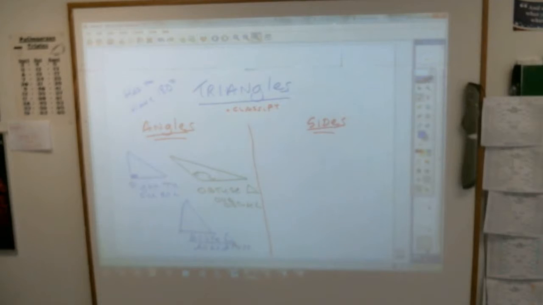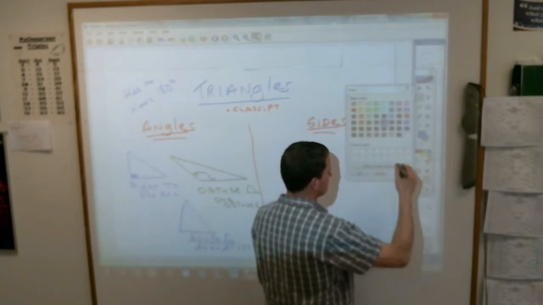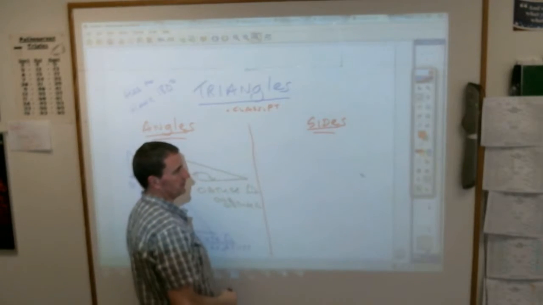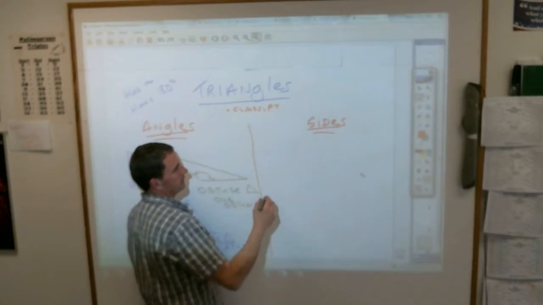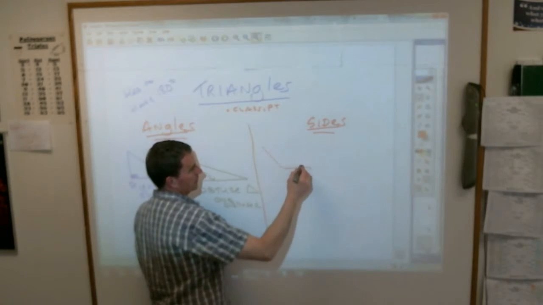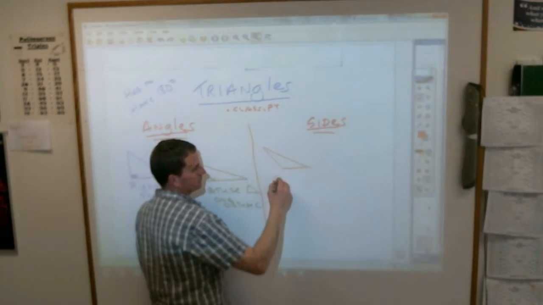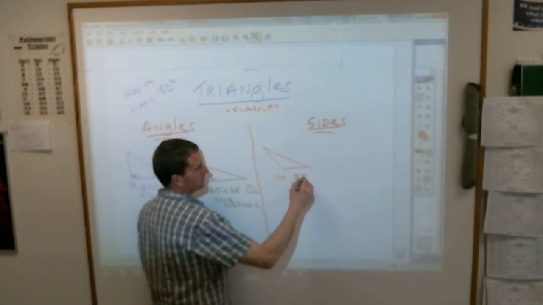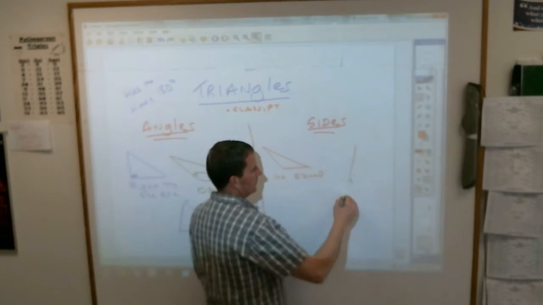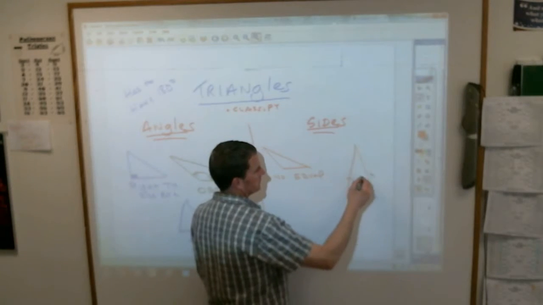And now, ladies and gentlemen, the time you've all been waiting for. Based on its sides, there's three different things that you can have with triangles. You can have a triangle that has no equal sides. You can have a triangle that has two equal sides.